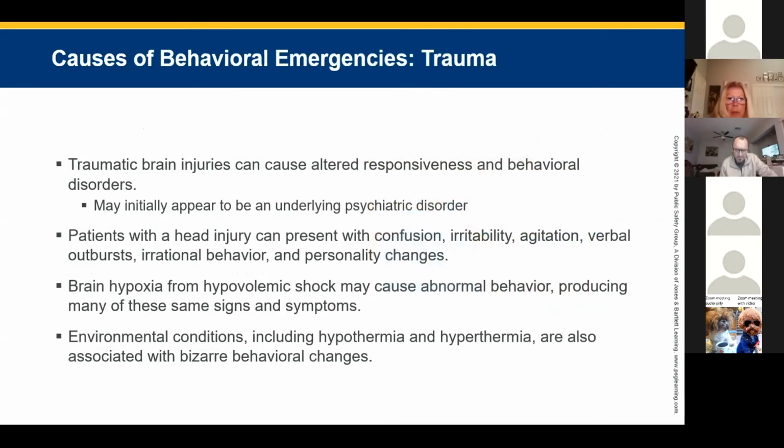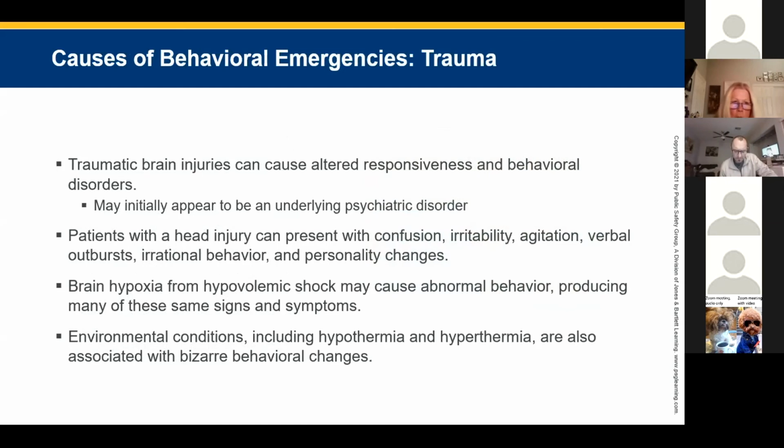Okay. Let's see. Traumatic brain injuries can cause altered responsiveness and behavioral disorders. Patients with head injuries can present with confusion. That's true. You don't know. That's why if he's with a buddy or she's with someone, you ask, is this how this person normally acts? That's information that you want to gather as you're treating this person.